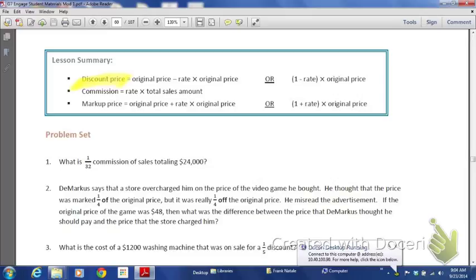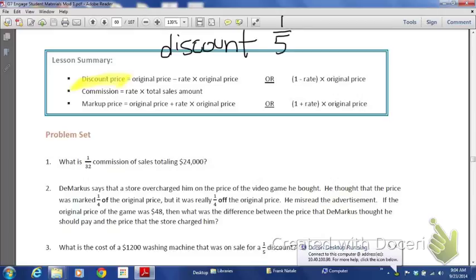Okay, so if you have a discount, and that's usually when you're at a retail store, you don't see discounts in fractions. Okay, they used fractions in this lesson more so, I think, to make it a little bit friendlier for you. But it's usually a percentage anyway. Okay, but for example, they took 1/5 off.